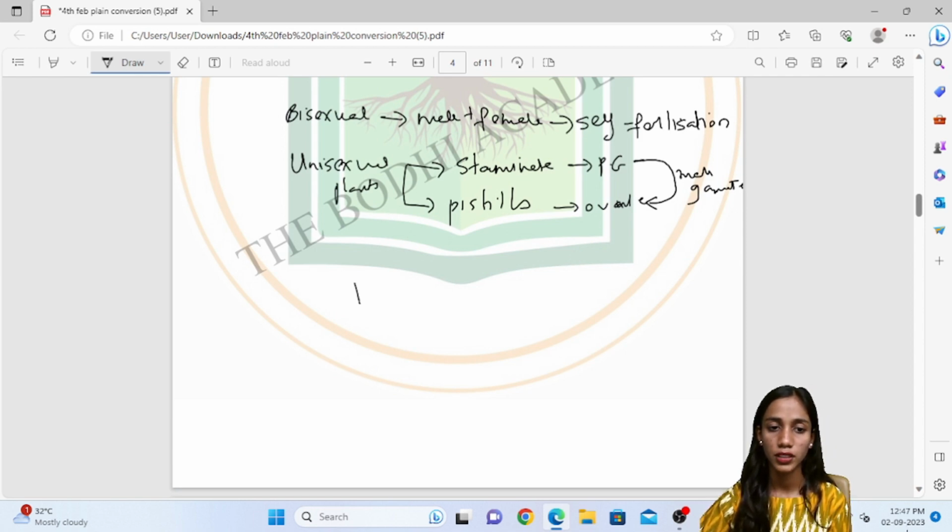These are the anthers. The top part is the anther, this is the filament, and this entire part is the stamen.